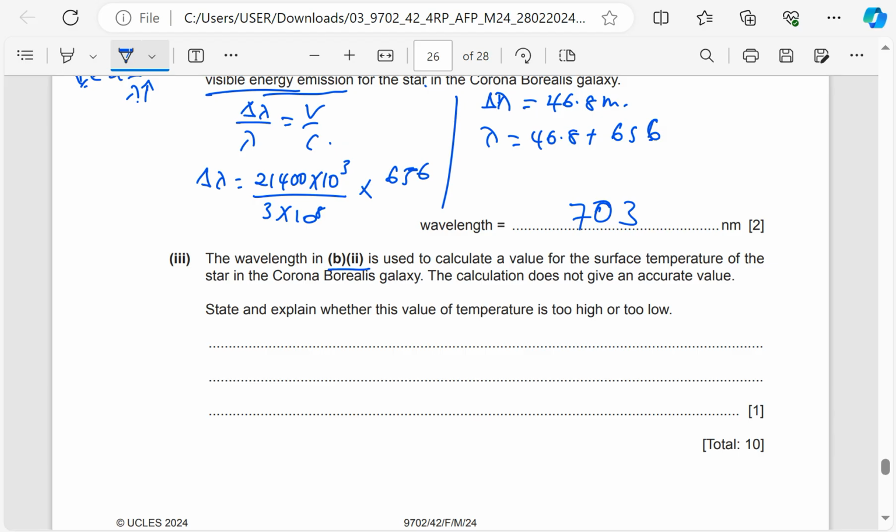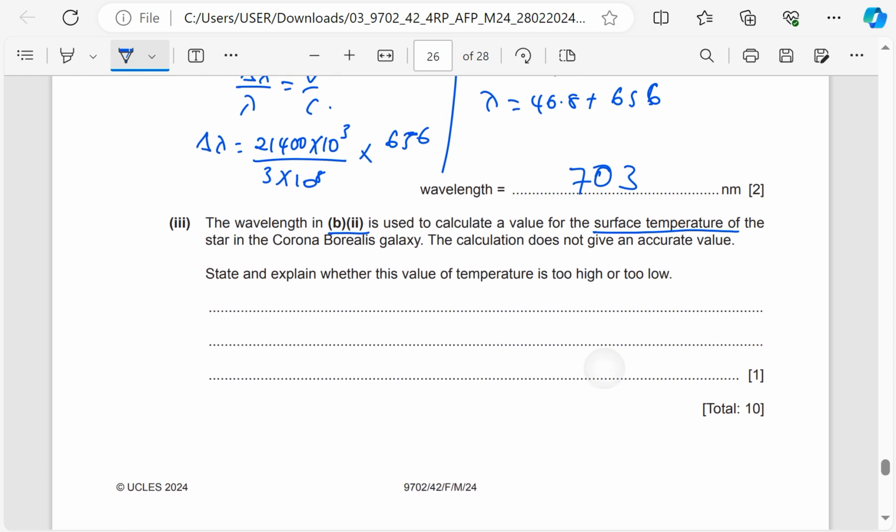The wavelength in B Roman 2 is used to calculate a value for the surface temperature of the star in the Corona Borealis galaxy. Remember, the wavelength at maximum intensity is inversely proportional to the absolute temperature. We are seeing the wavelength is bigger, so the temperature is going to be smaller. State and explain whether this value of temperature is too high or too low. It is going to be too low.